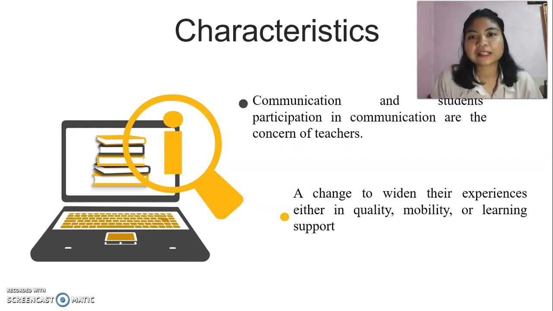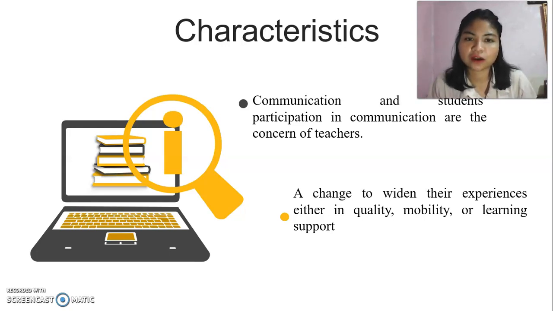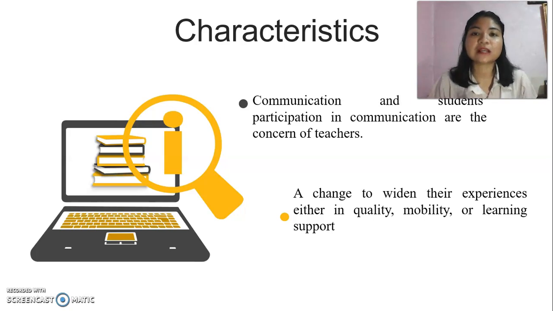And the characteristics, including the success factors, are summarized for synchronous learning. The first one is communication, and students' participation in communication is a concern of teachers. Yes, so how the students can contribute and take part in how the teachers conduct the live meeting through video conference, which is called synchronous learning, is really demanded.